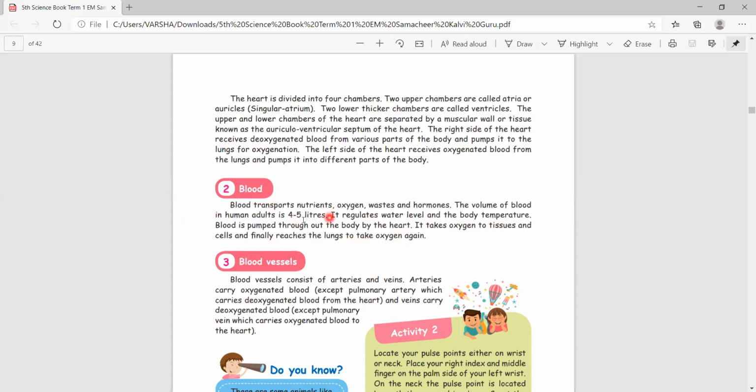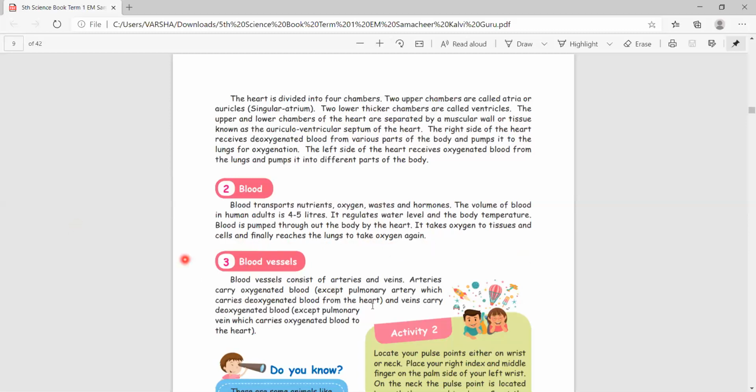It takes oxygen to tissues and cells, and the deoxygenated blood finally returns to the lungs to take oxygen again.